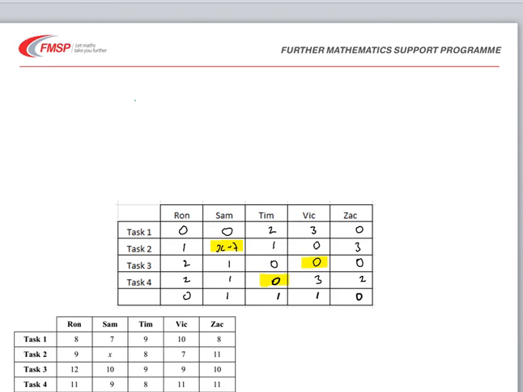We're told that Sam must do task 2, Vic must therefore do 3, and Tim do 4.